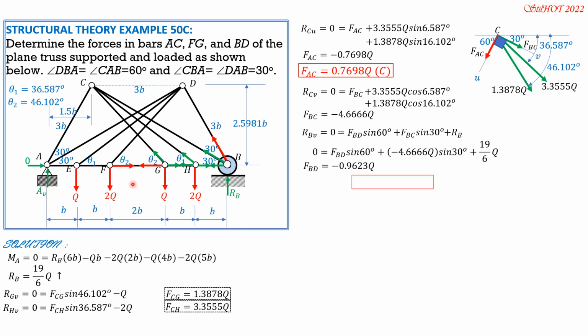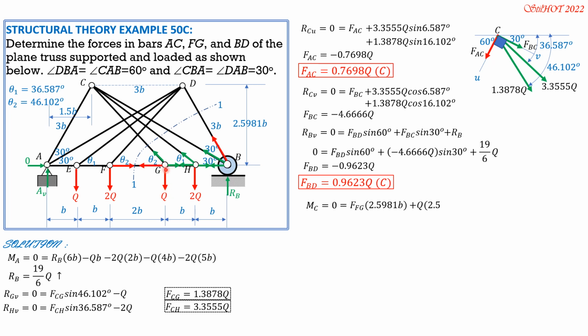Then we consider F_FG is left. We consider section 1-1 and all forces to the right of that section. Because these three green forces meet at C, it is the best way to sum up moments about C, or sum of moments about C equals 0. Considering clockwise positive, so F_FG, moment arm 2.5981b, that's plus, then plus Q, clockwise also.